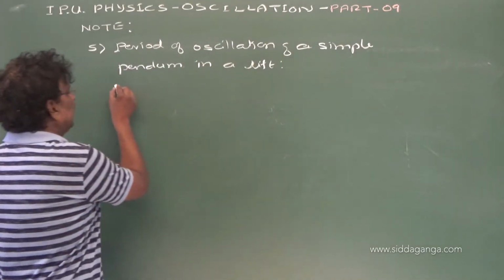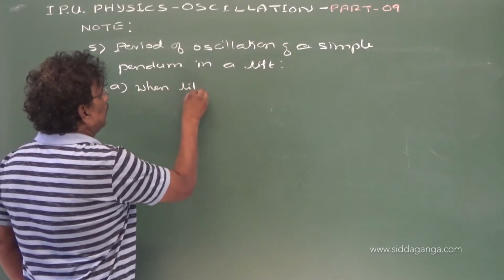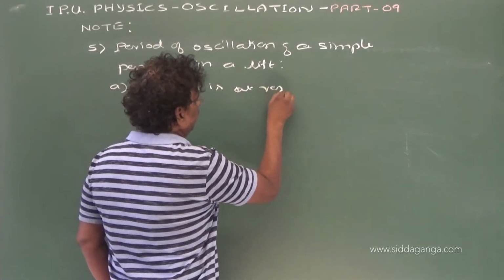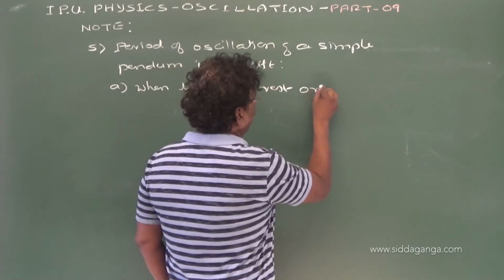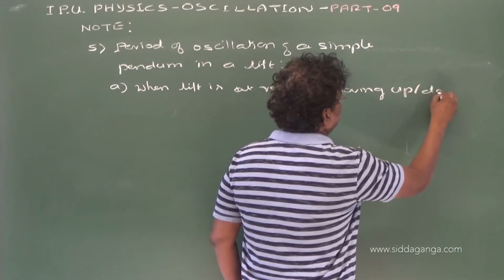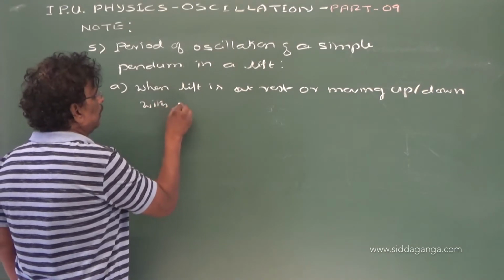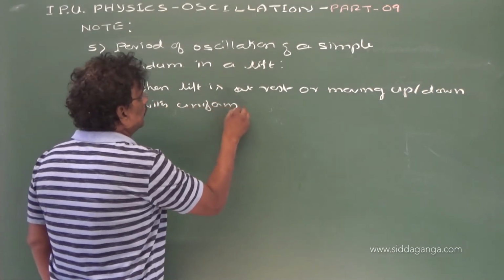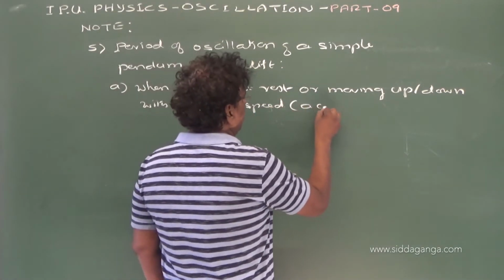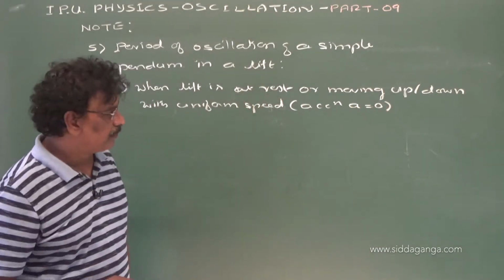Now first we will take the case when the lift is at rest or moving upwards or downwards with uniform speed, right. That means acceleration a of the lift is equal to 0.